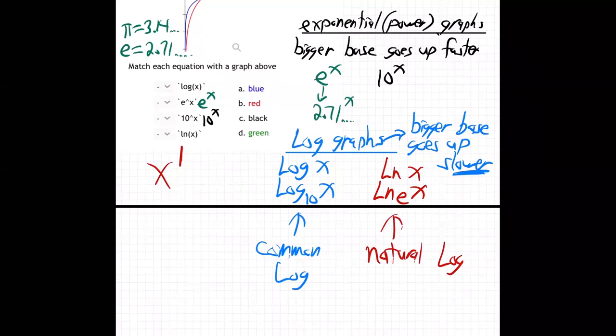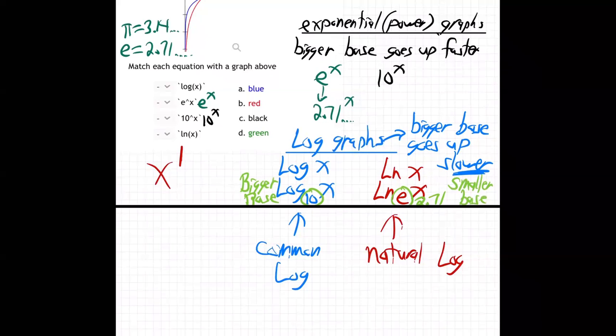So what are the bases we're talking about? Right here, the base of 10 and the base of E. And you know E is 2.71, blah, blah, blah. So which one has a bigger base? The log base 10. This one is bigger. This one over here is a smaller base.